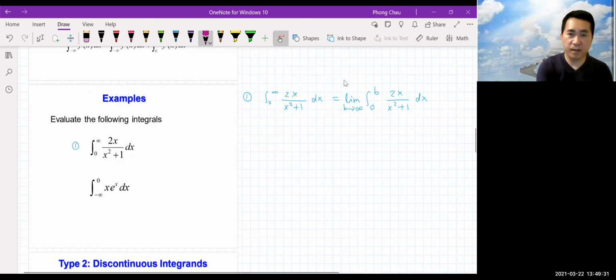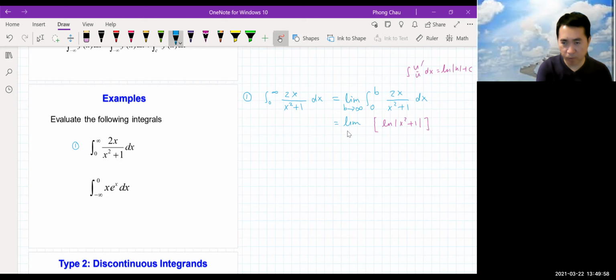So we actually have the form u prime over u, and the answer is natural log of u. So here I have just the natural log of x squared plus 1, from 0 to b, with the limit as b approaches infinity.